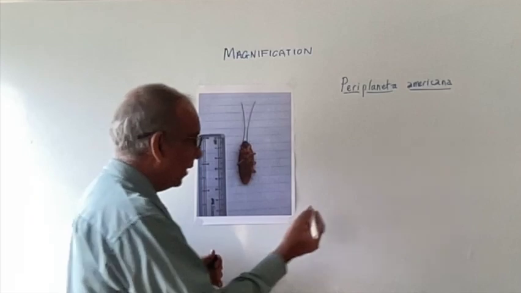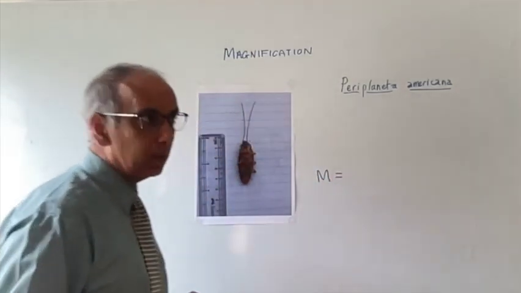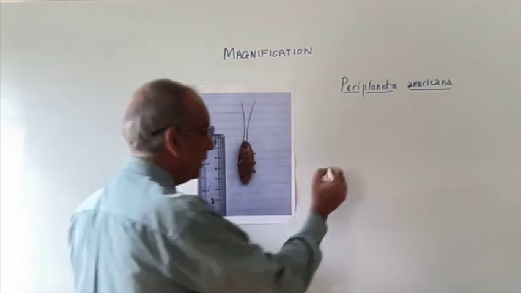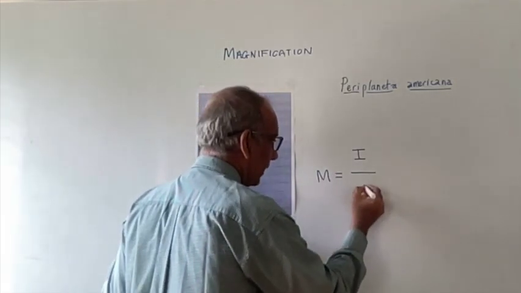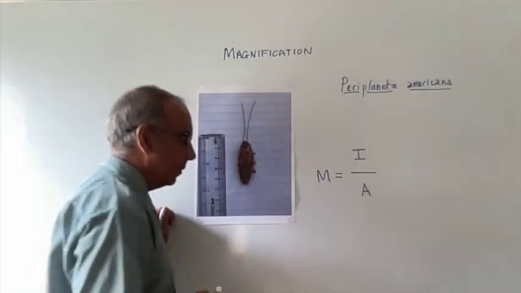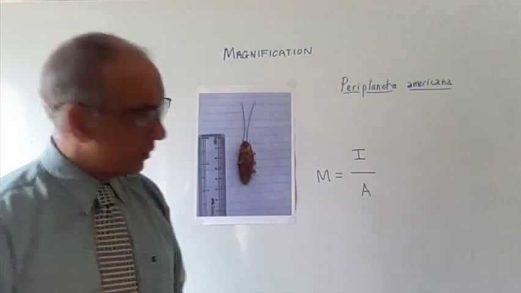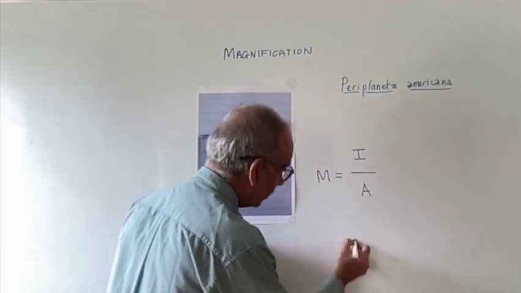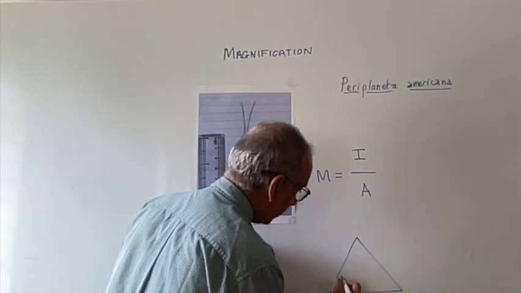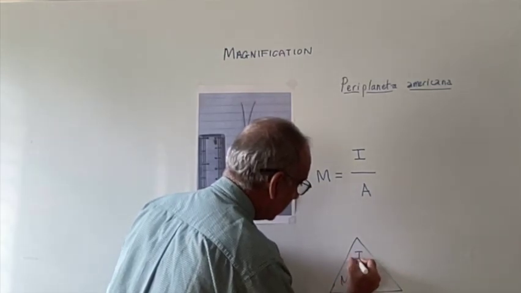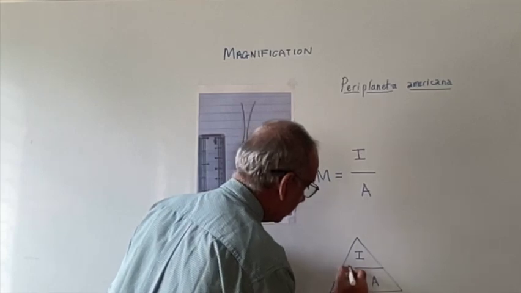And we have been learning that magnification equals the size of the image divided by the actual size of the specimen. And this formula we can manipulate around, and we learn to put it in a triangle like this, where we say magnification, image size up here, and actual size there.